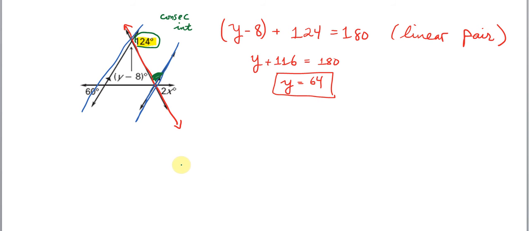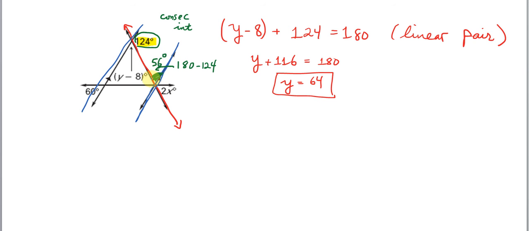So that means they must be supplementary to each other. This angle here, I don't want to make another variable, but this angle here must be 180 minus 124, which is precisely 56. So this angle here is 56.